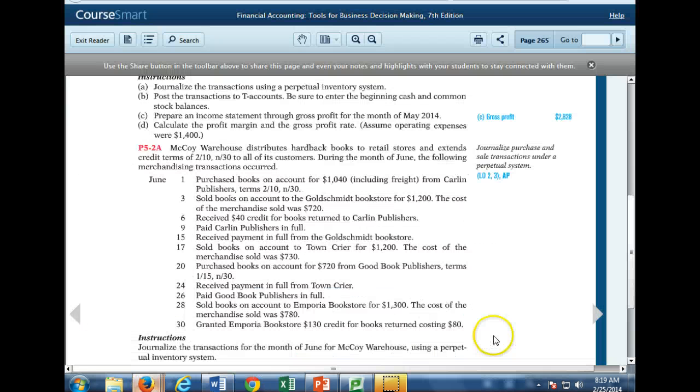Now accounts payable. Then it says on June 6th, receive $40 credit for books returned to Carlin Publishers. What's going to happen there? Some books were returned. So what's that going to do for us, guys?